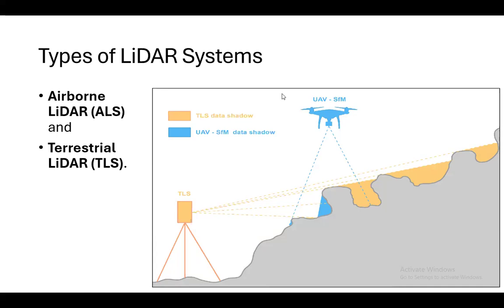It works similarly, just that it is mounted on an aerial platform, or mounted on the ground. So this is the basic difference between airborne and terrestrial LiDAR. Some also categorize mobile LiDAR, which is moving. Okay, so this is the major category: airborne LiDAR system and terrestrial LiDAR system.